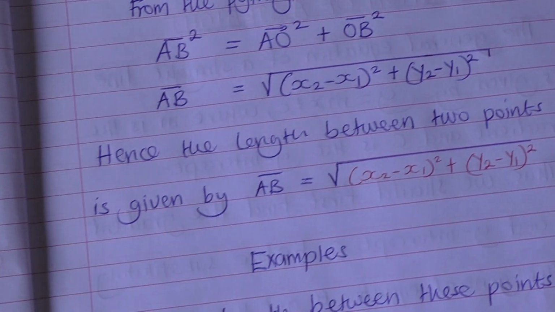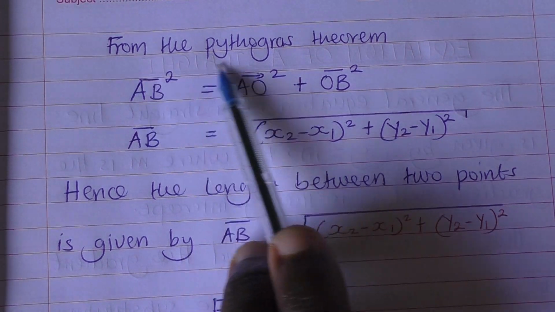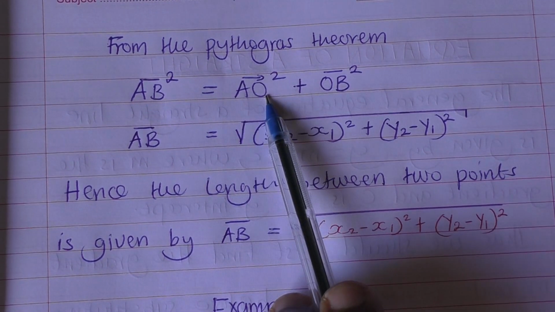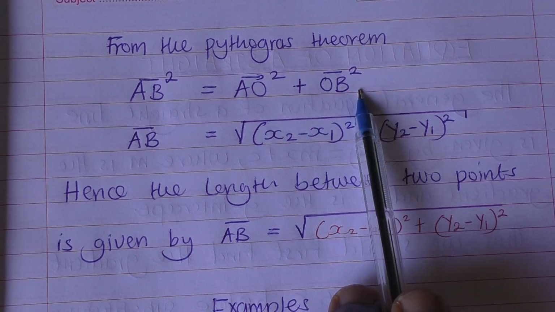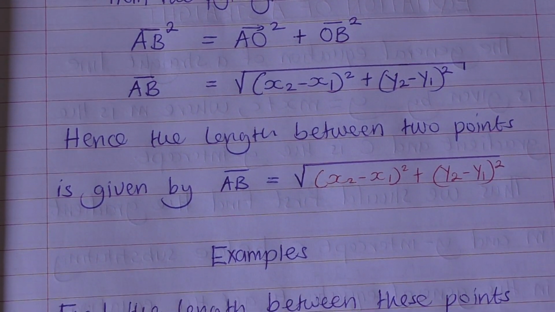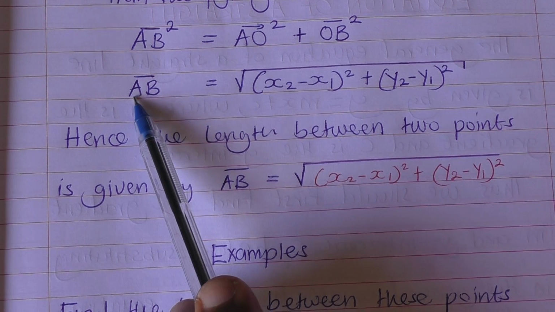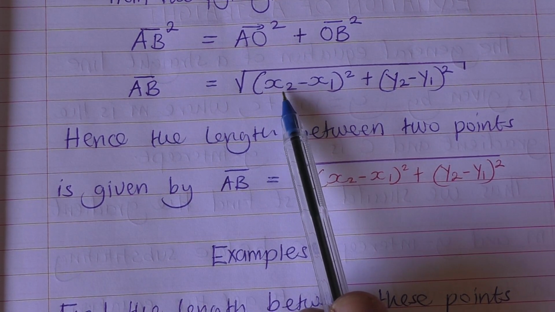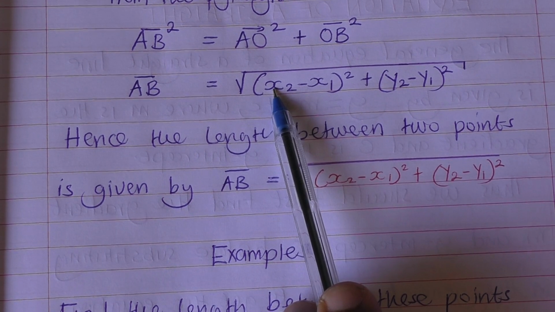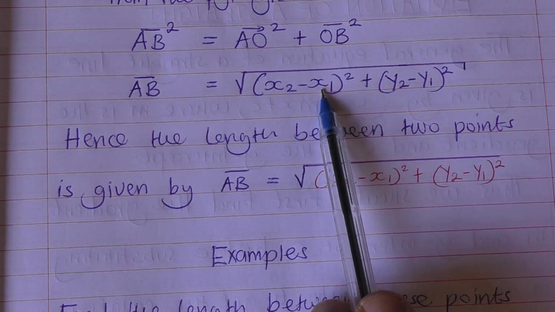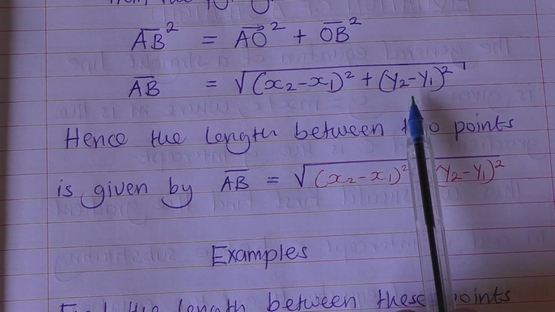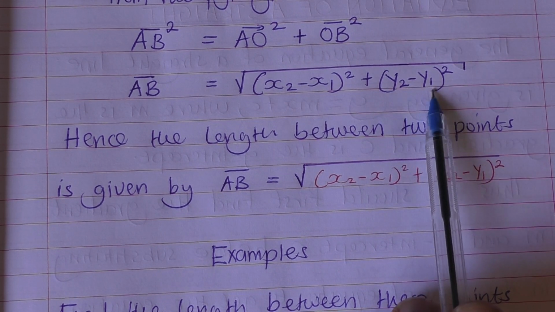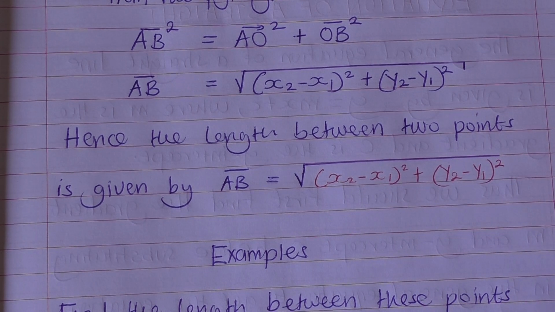That is, from Pythagoras theorem, AB squared equals AO squared plus OB squared. And therefore, our length AB will be given by the square root of, this is AO, which is x2 minus x1 squared, and this is OB, which is y2 minus y1 squared.